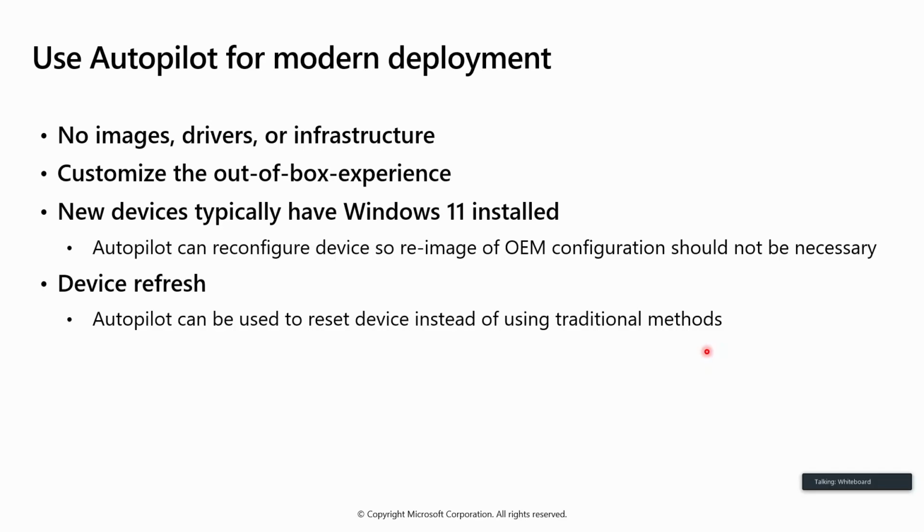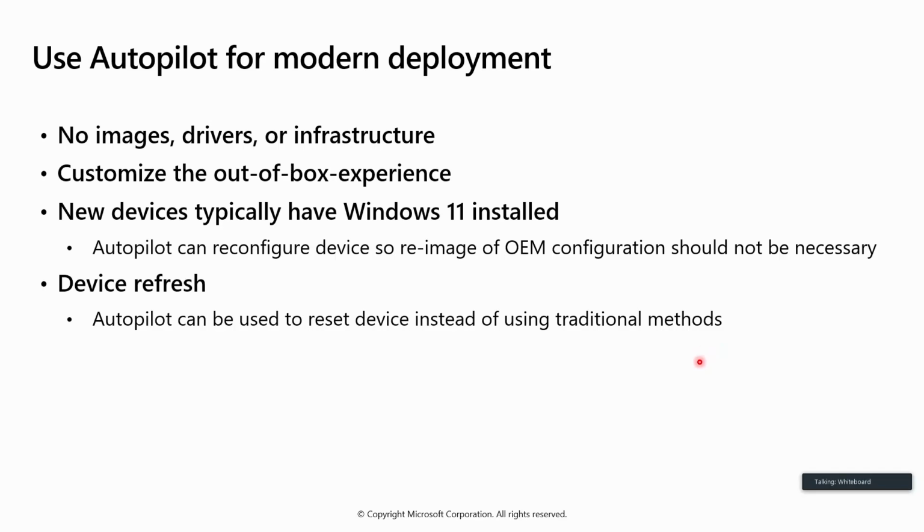Now we can do it through Autopilot, because after all, the image is there. We simply use the reset or refresh this PC feature that's built into Windows 10 or Windows 11, and reset the device that way. So we reset it, and then we apply our Autopilot image to it, and it's basically a new computer for the next user who comes in.